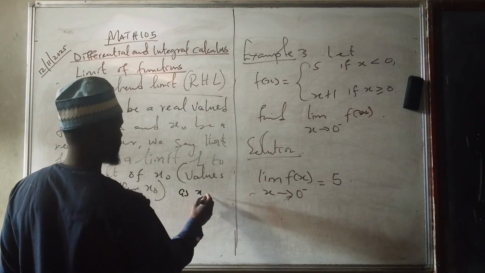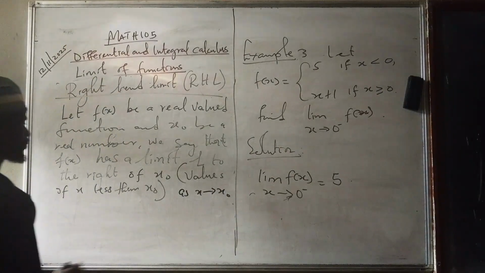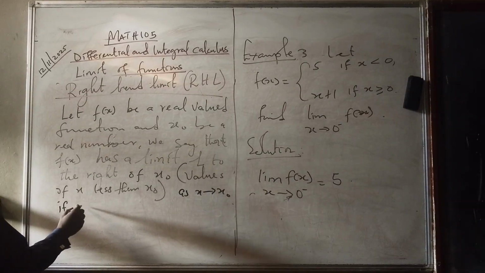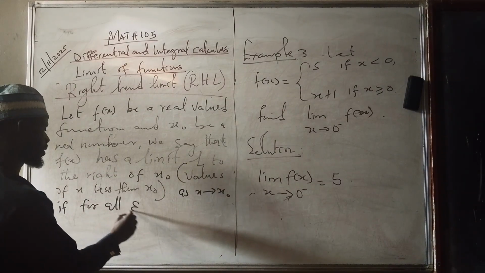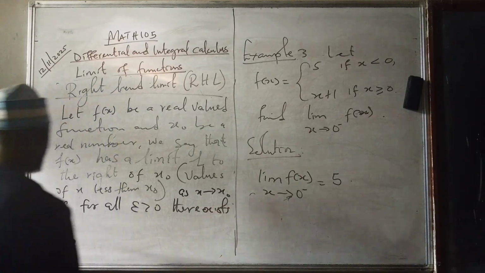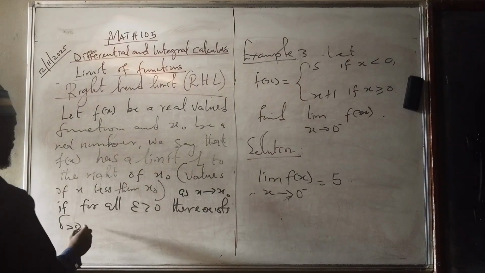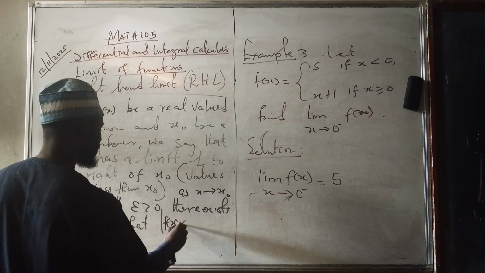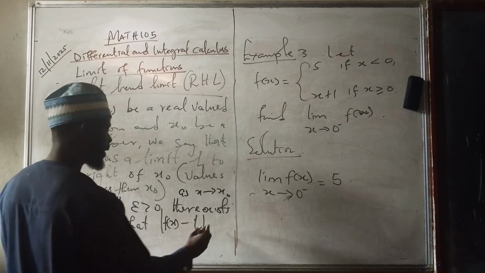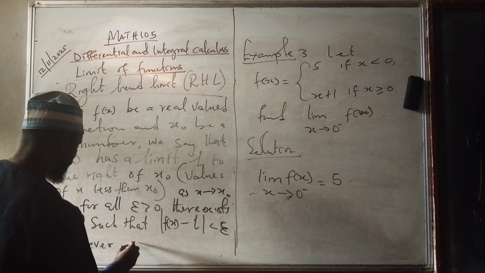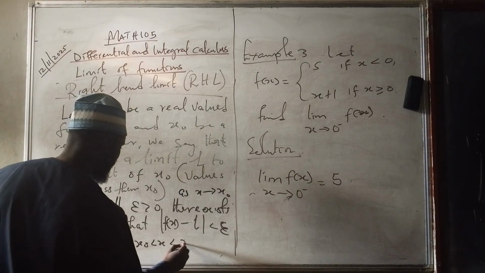So as x tends to x naught, the limit exists if for all epsilon greater than 0, there exists a delta, which is also positive, such that the absolute value of f of x minus the limit L is less than epsilon whenever x naught is less than x less than x naught plus delta.